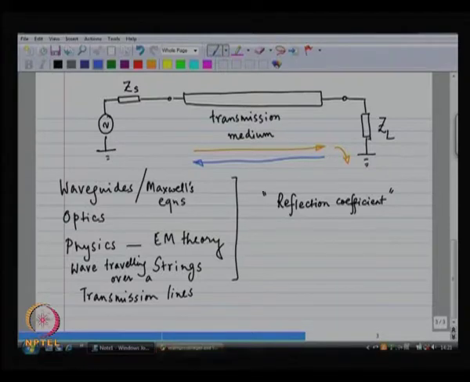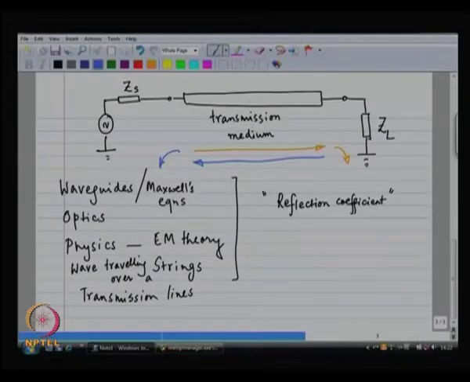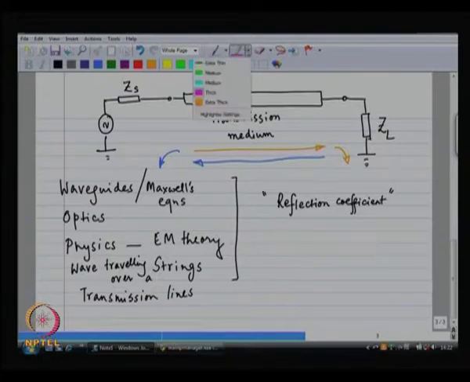And then the portion that is reflected back comes all the way back to the source, and now it hits the source impedance Z s, and when it hits the source impedance, a portion of this wave gets absorbed by the source impedance and a portion of it gets reflected back even further.